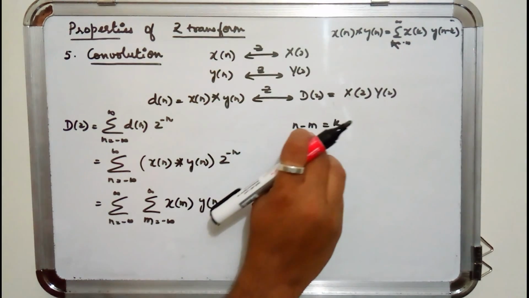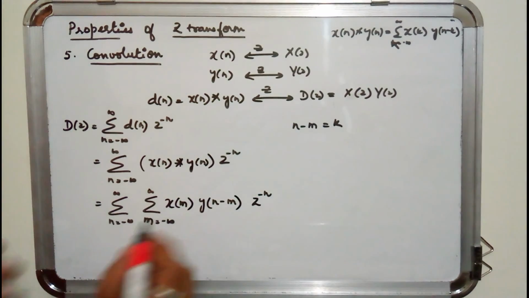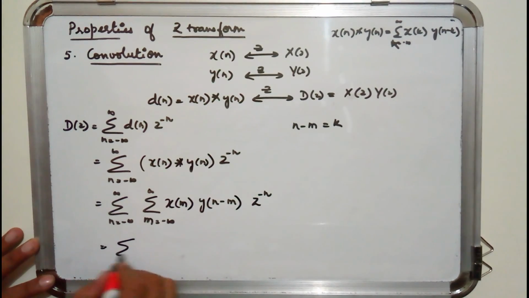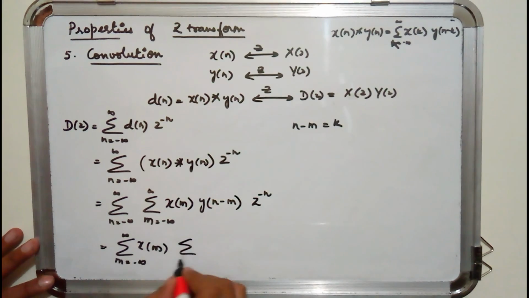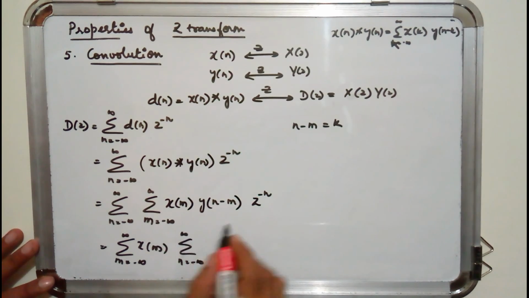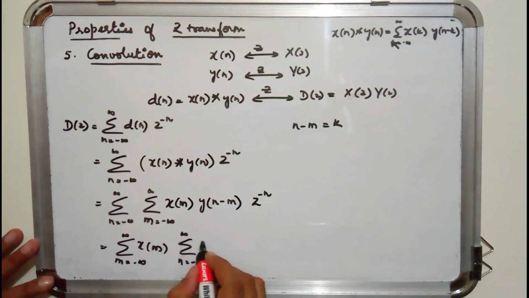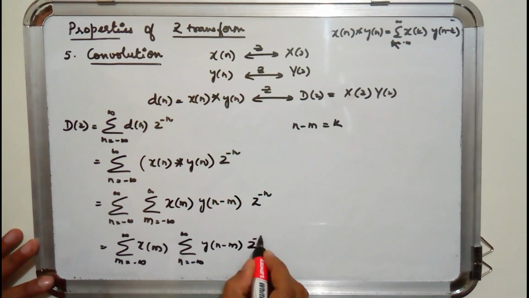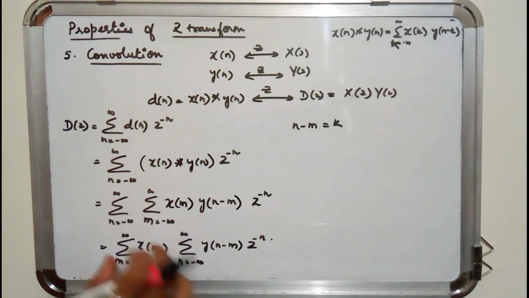If I substitute n minus m as k, remember I'll take this inner summation out, that is summation m is equal to minus infinity to infinity x of m, and I have this summation n is equal to minus infinity to infinity y of n minus m into z power minus n. So this is the term which I have.